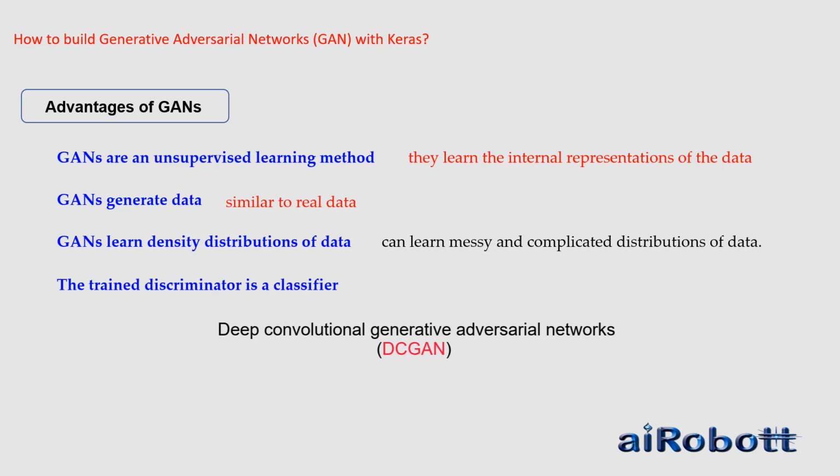DCGANs are able to generate high quality images when trained on restricted domains of images such as images of living rooms, bedrooms, etc. GAN is a battle between two adversaries, the generator and the discriminator.